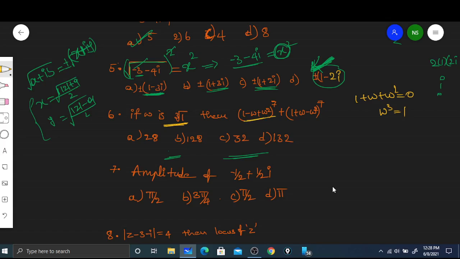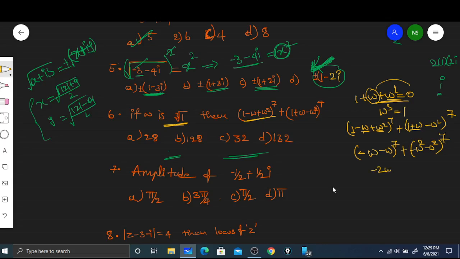We have here 1 minus omega plus omega square whole to the power of 7, plus 1 plus omega minus omega square whole to the power of 7. From 1 plus omega plus omega square equals 0, if we send this to the right hand side, we get minus omega. So this is minus omega whole to the power of 7, plus 1 plus omega is minus omega square, transposing omega square, minus omega square whole to the power of 7.